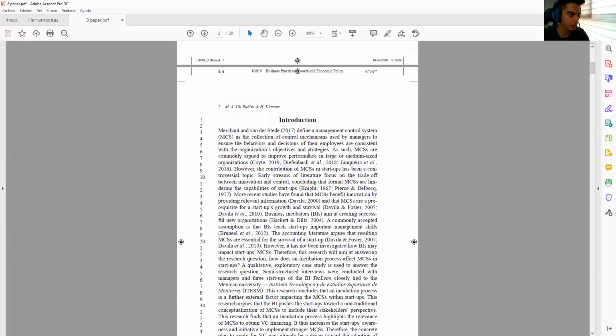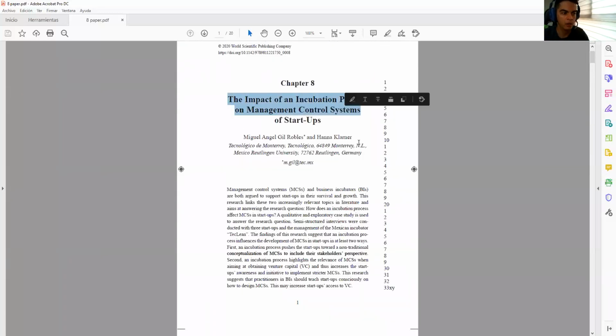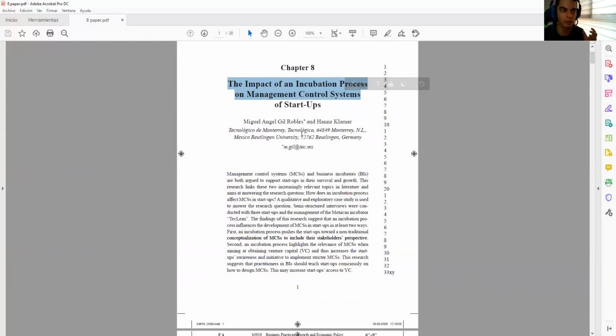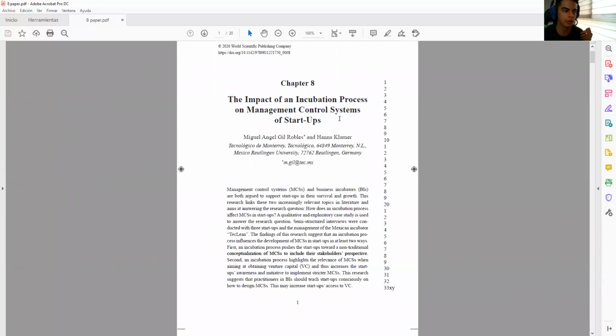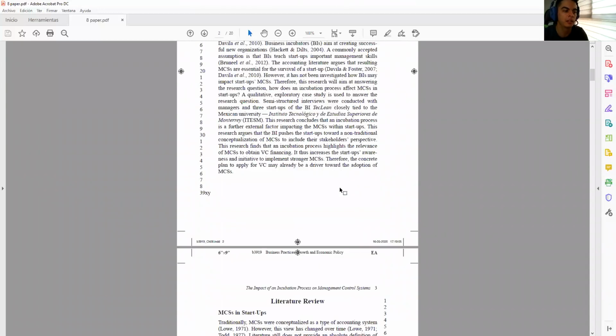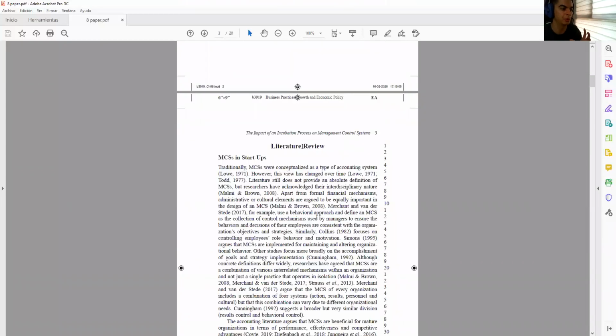So this paper is about the impact of an incubation process on the management control systems of startups. As you can see, just by reading the title, you understand that the incubation process is an important concept. Management control system is also another important concept. So that's the structure of the literature review. The first subsection is management control systems in startups.